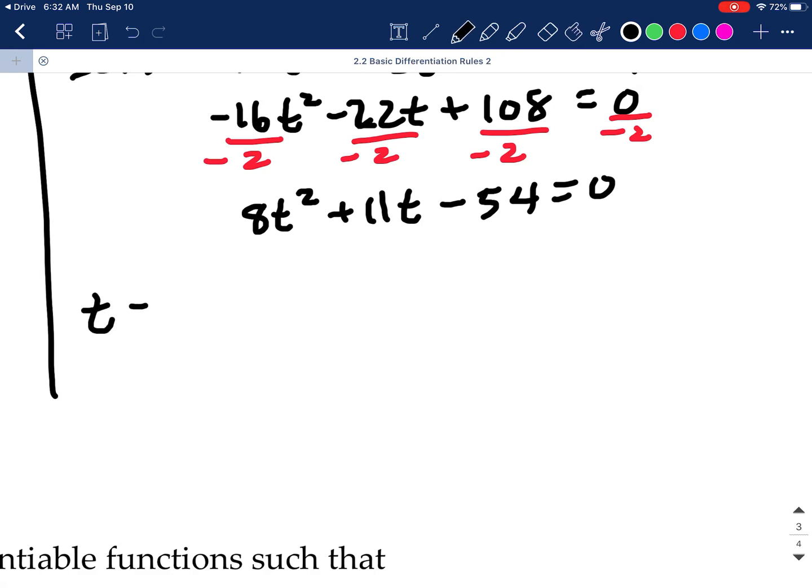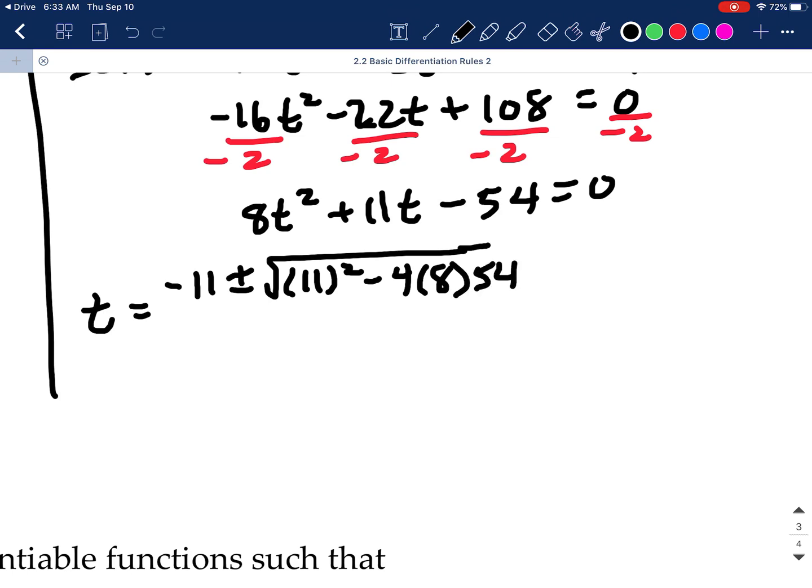So t is going to equal negative 11 plus or minus the square root of b squared minus 4ac. So that's going to be 11 squared. That's going to be a negative 54, so we'll just make that a plus, all over 2a.